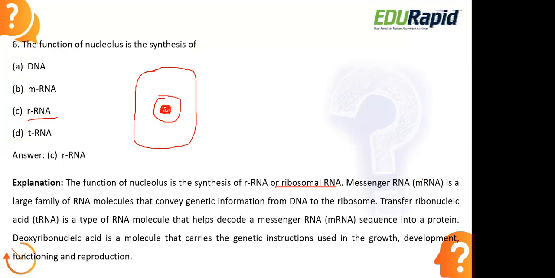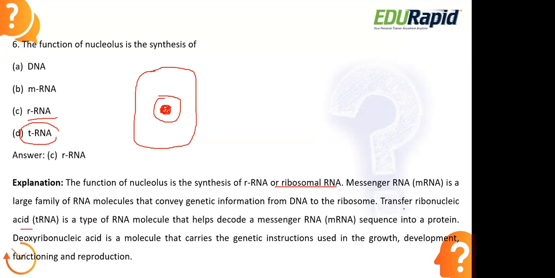That is the one required to convey the genetic information from DNA to the ribosome. So the major function of mRNA is to transfer the genetic information from DNA to the ribosomes. Whereas tRNA, what is the function of tRNA? Transfer RNA, transfer ribonucleic acid.